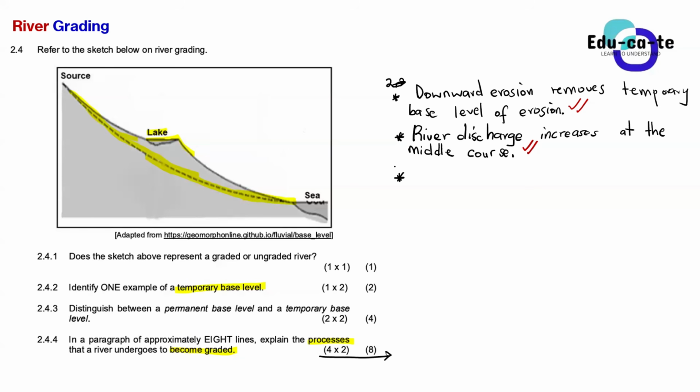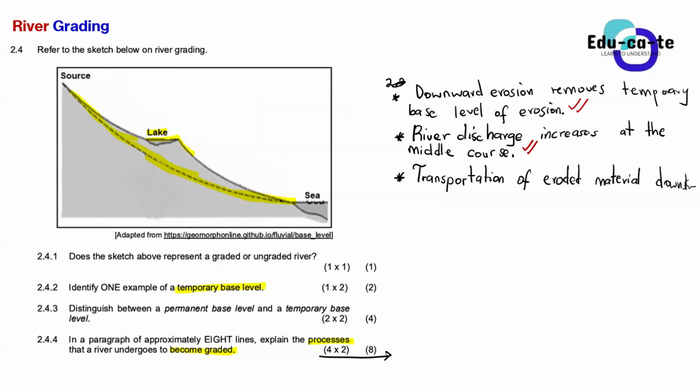All of those points, guys, are valid, by the way. You're still going to get marks for them. So you can talk about the transportation of eroded material, or the load that's been eroded, downstream.